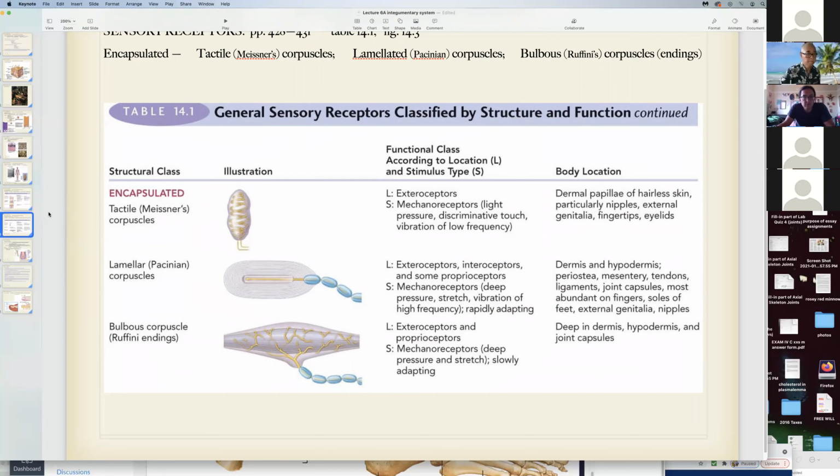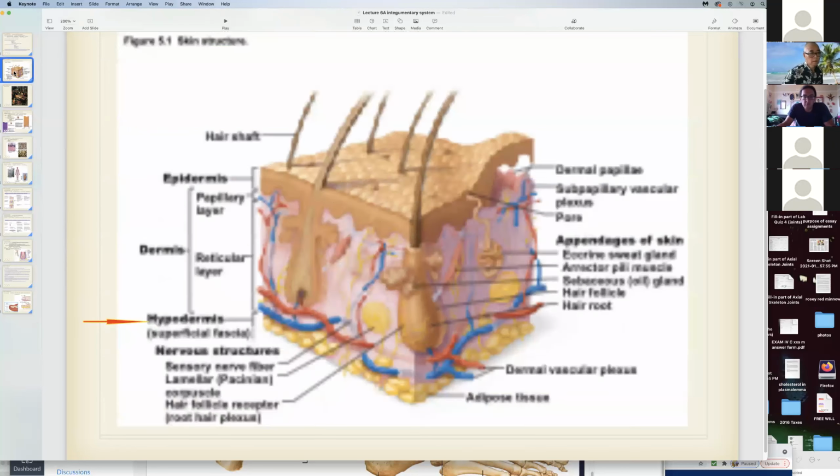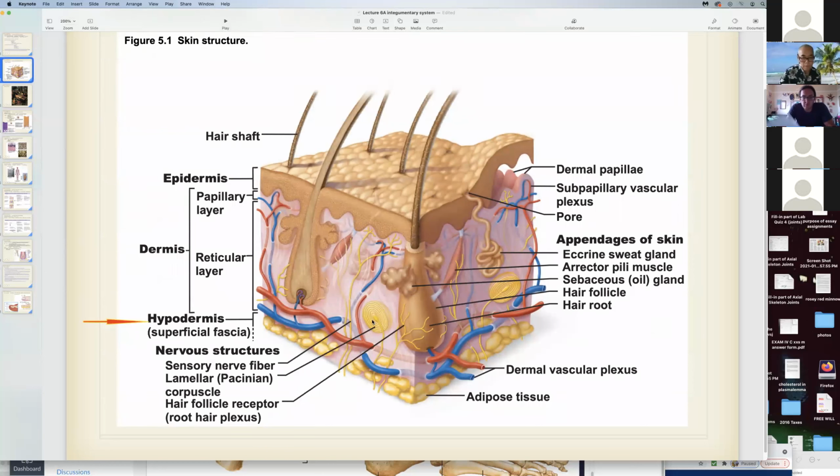Okay. And then the ones that are way down here, the deepest ones, are referred to as the lamellar corpuscle, used to be called Pacinian corpuscle. Those are the ones that are for sensing pressure. Okay.